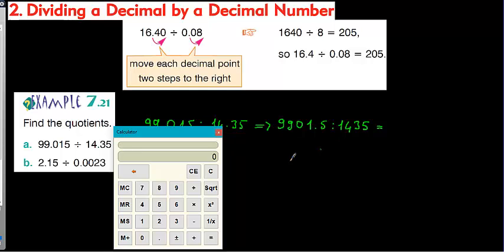I got my calculator here, and 9,901, and I'm not going to write the point directly. I'm going to divide by 1435. The result is going to be equal to 69. But here I'm going to write 69, but there is a decimal point.